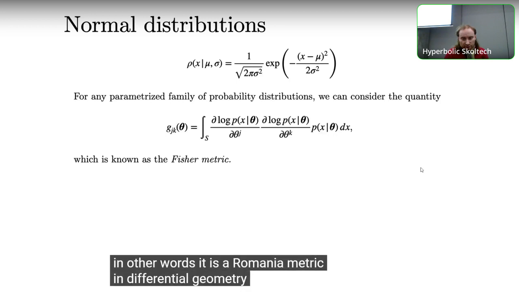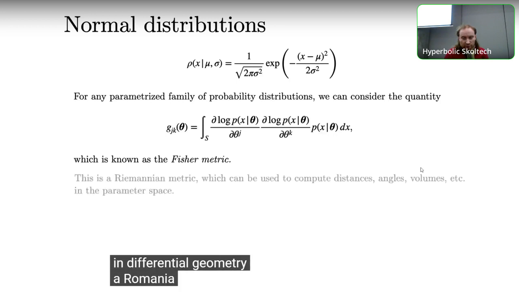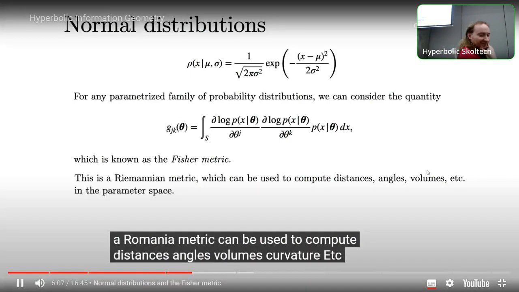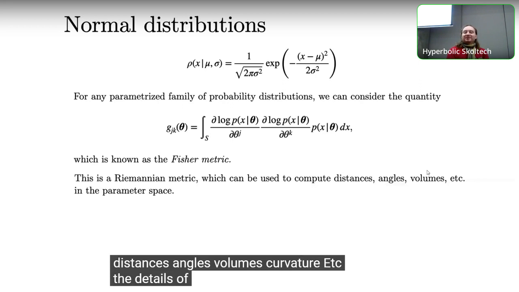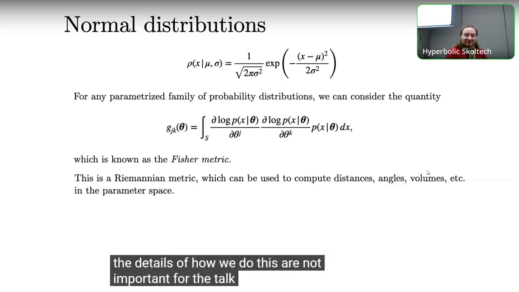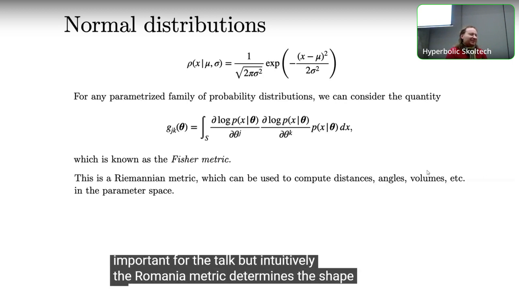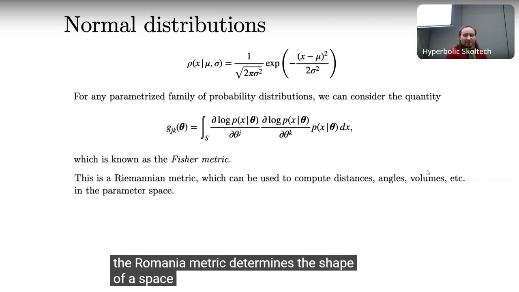In differential geometry, a Riemannian metric can be used to compute distances, angles, volumes, curvature, etc. The details of how we do this are not important for the talk, but intuitively, the Riemannian metric determines the shape of a space.